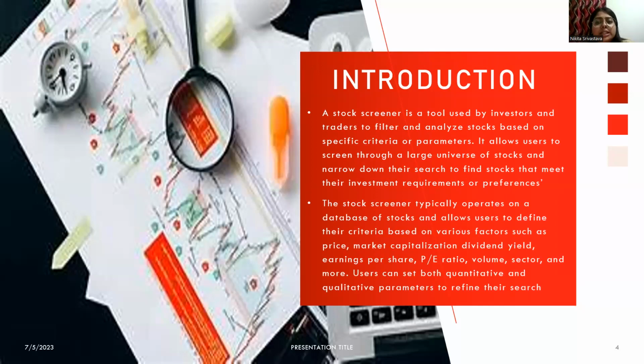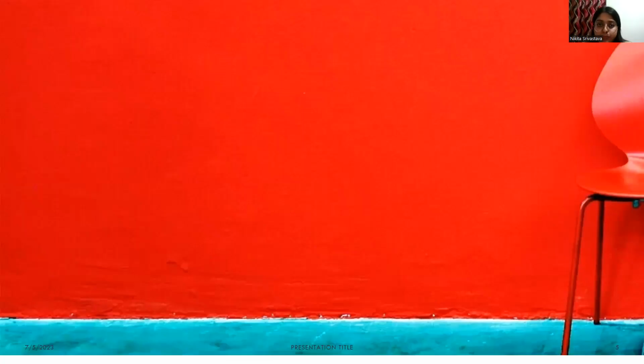The stock screener typically operates on a database of stocks and allows users to define their criteria based on various factors like price, market capitalization, dividend yield, volume, sector, and much more. Users can use both quantitative as well as qualitative parameters to refine their search.